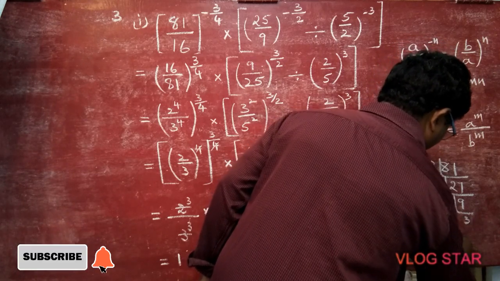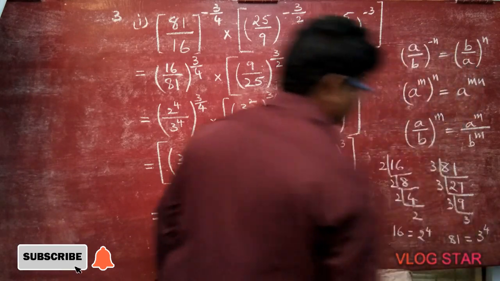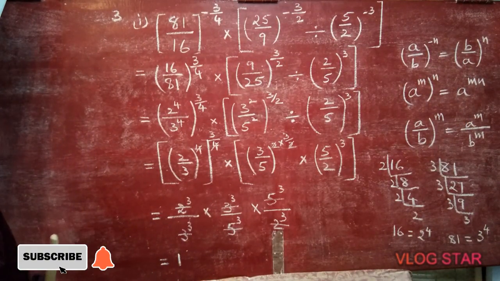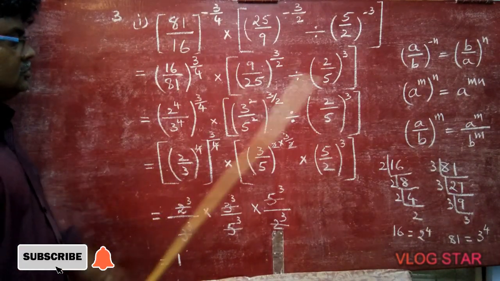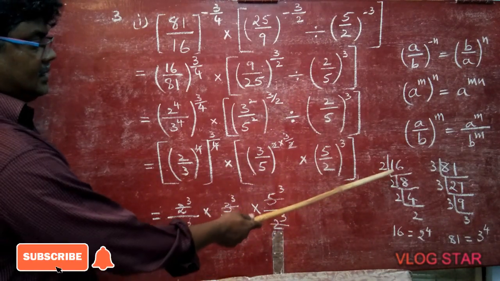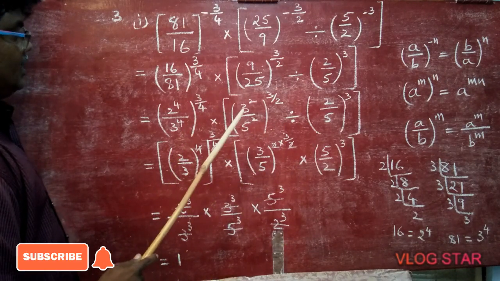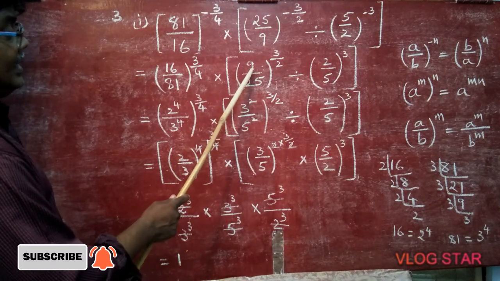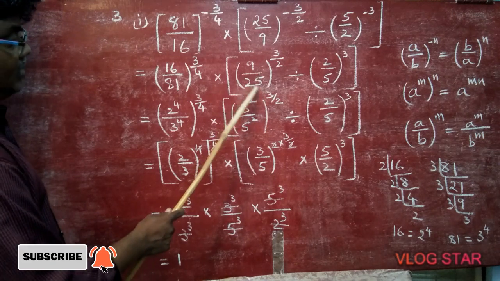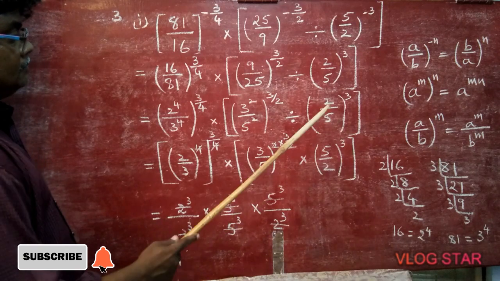So in the place of 81, you can write 3 to the power of 4. These are all part and parcel of the problem. You came to class 10th, and in 9th class you learned this, so you can do this easily. Now 9 is 3 square, 25 is 5 square, that also if you want you can do like that.